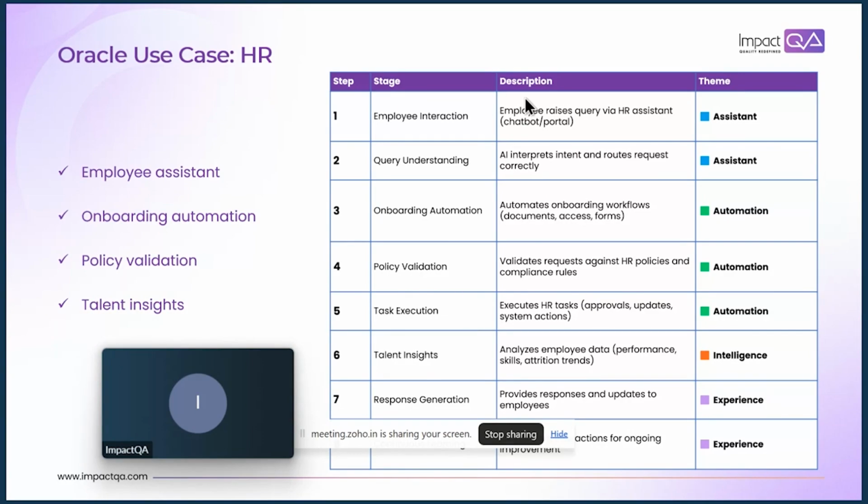So if you want to automate employee interaction, onboarding automation, or policy validations, the entire task needs to be understood first. You need to manually understand it, and only then can you see where exactly to apply agentic AI. For example, onboarding is a repetitive task you do on a regular basis.